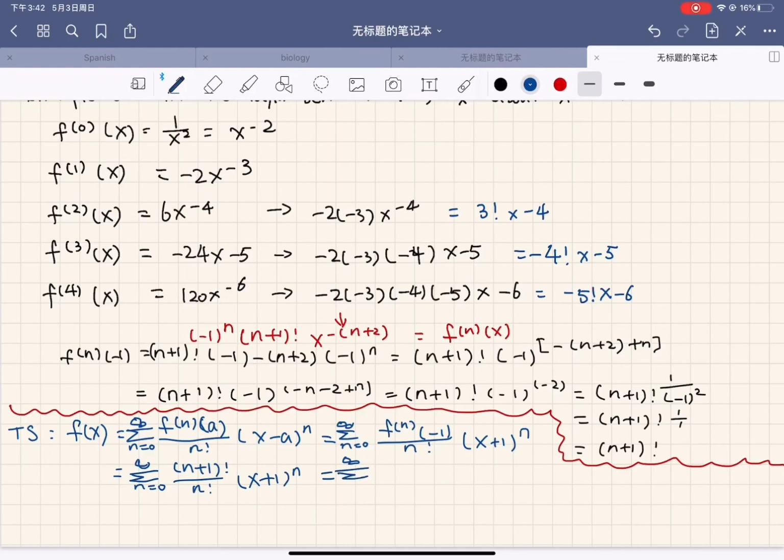And then we can eliminate the factorial, and write it as (n plus 1) over 1 times (x plus 1) to the power of n. And the final step is the sum from n equals 0 to infinity of (n plus 1) times (x plus 1) to the power of n.